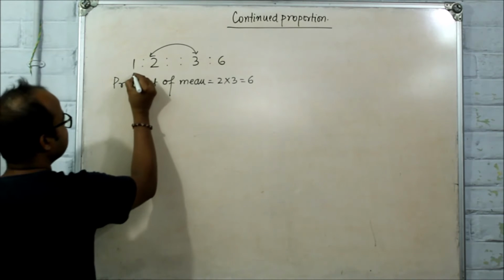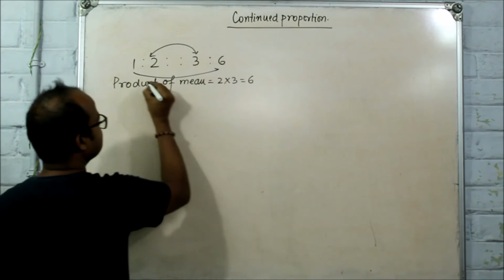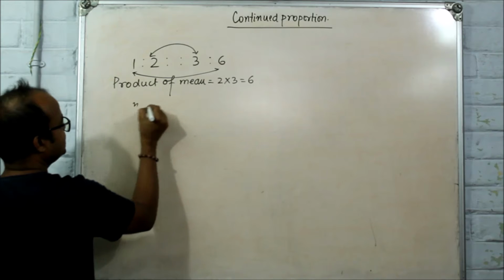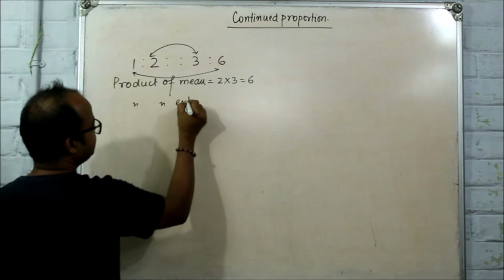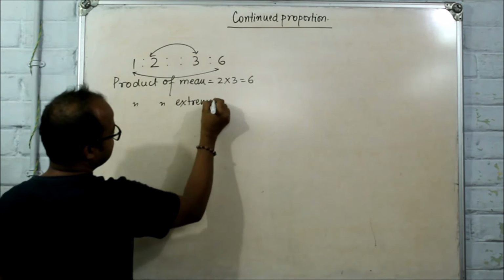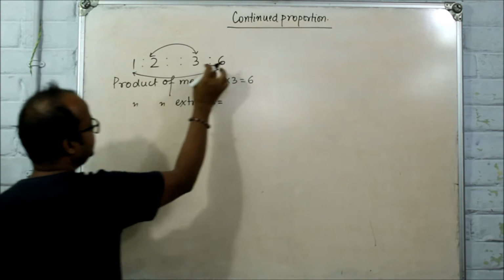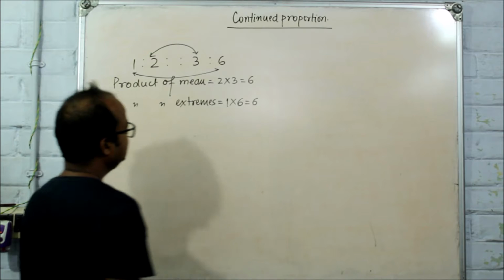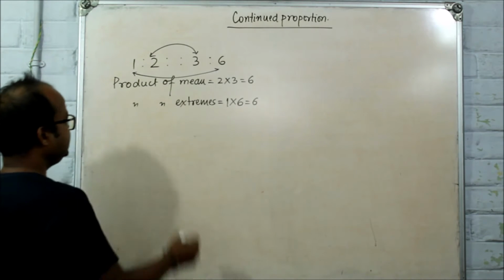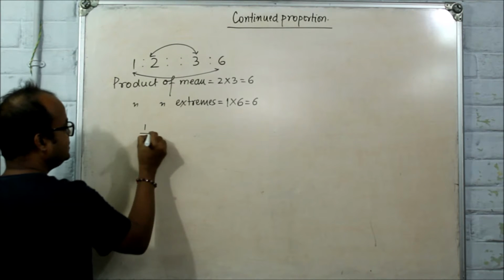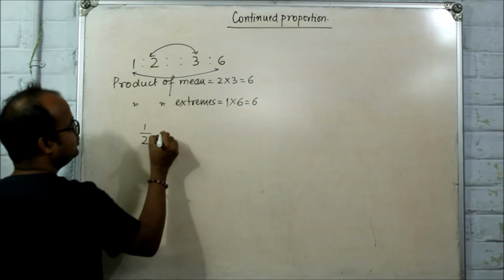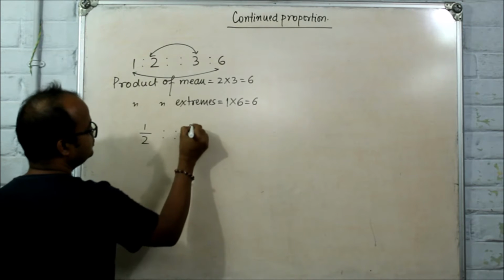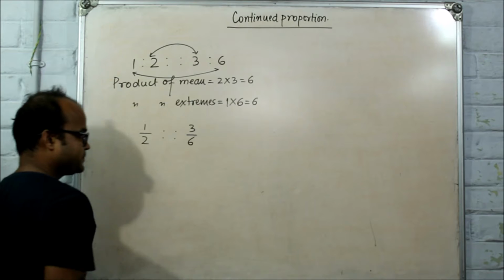And the product of extremes, so this is 1 into 6, that is equal to 6. So we can say that 1:2 is proportional to 3:6.